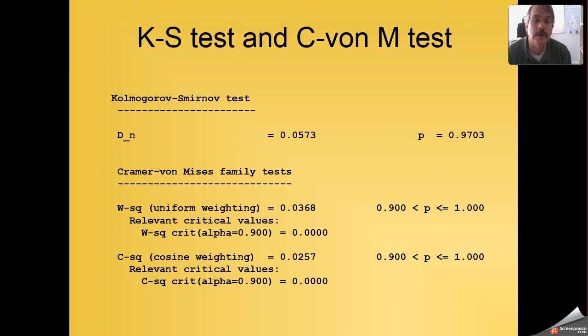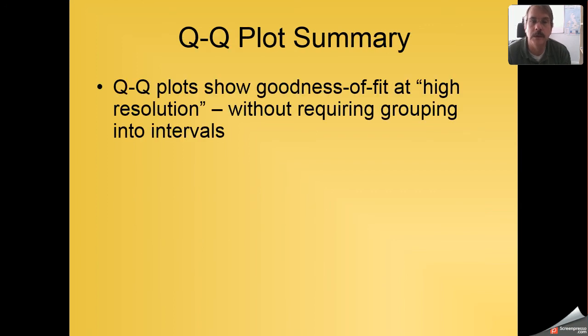The Kolmogorov-Smirnov test and the Cramér-von Mises test relieve us of the necessity of introducing those subjective cut points. So when we have exact distance data, it's best to use either the KS or the CVM test because it removes one level of subjectivity in the analysis of goodness of fit.